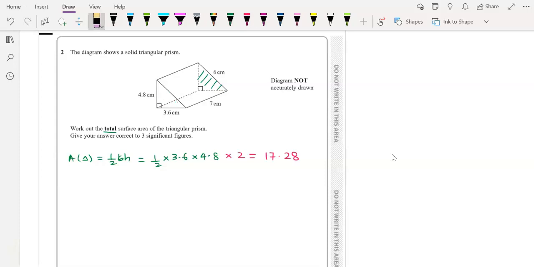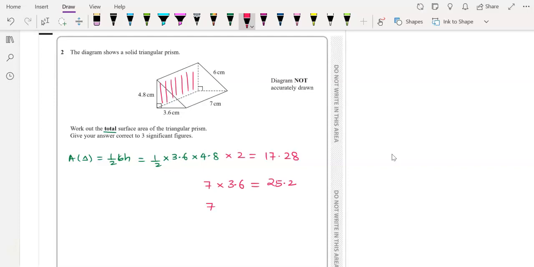Now let's work out the area of the base. The base is this part. So the area of the base will be 7 times 3.6. That will give us 25.2. Okay. Now let's find the area of the back face, which has height 4.8 and length 7.